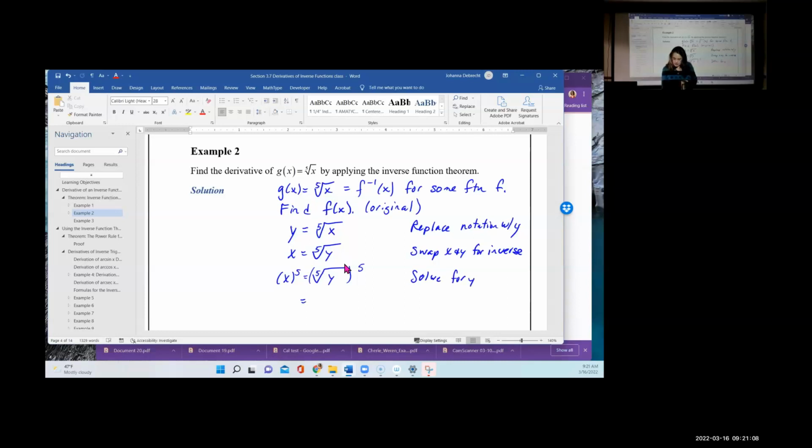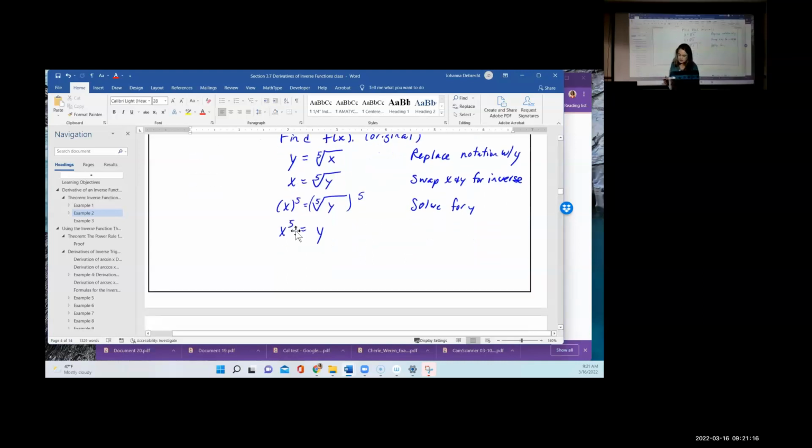So this gives us y equals x to the fifth. So this is our new function, the original function, x to the fifth. So we have the function f of x equals x to the fifth. So g of x, which is f inverse of x, is equal to the fifth root of x. All right, these are our two formulas right there.